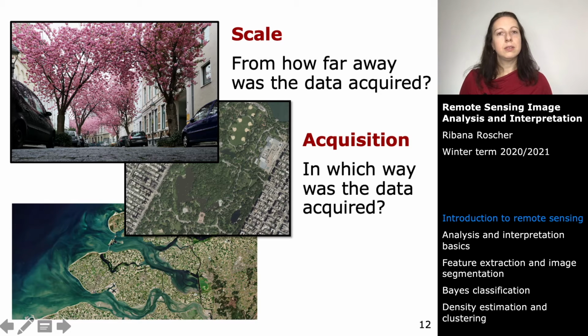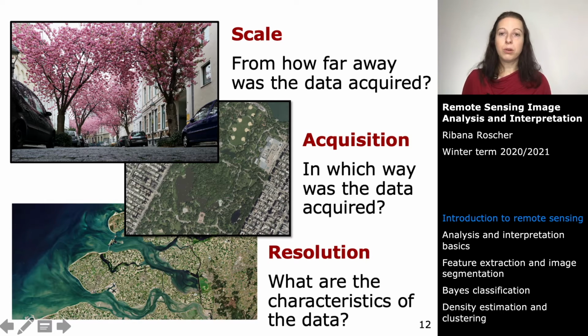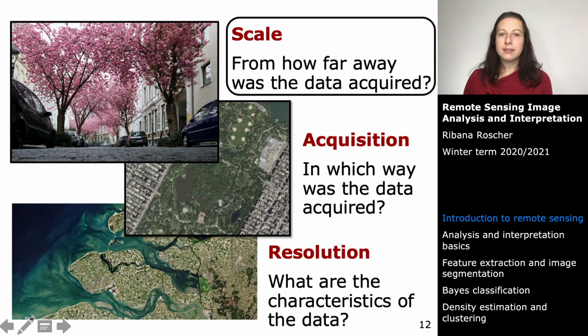And also an important question is, what are the characteristics of the data? And this is when we need to talk about resolution. I will go through these three steps in the next part of the lectures, and I will explain how we can characterize our data and the sensors based on these terms. And I will start with the scale.